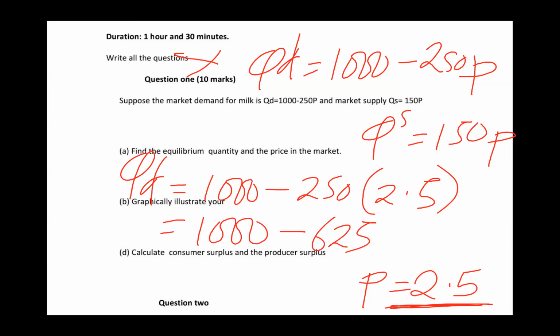Thank you. And what is the difference between these two so that you can get the quantity demanded? 375. Okay. Is that clear?